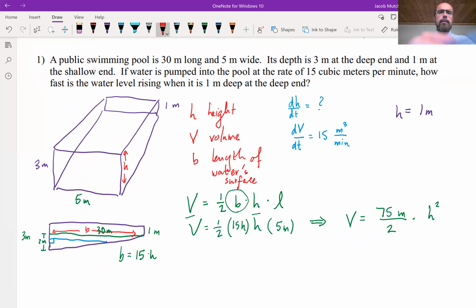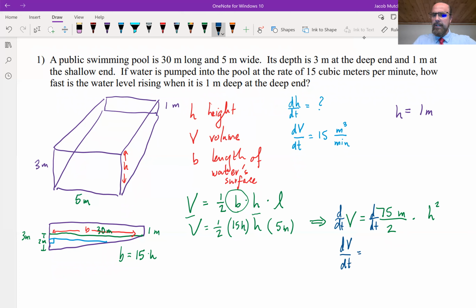I'm going to apply d/dt to both sides. So we'll differentiate with respect to time. On the left there's just V, so it's going to go down to 1, and what it's going to leave is dV/dt.